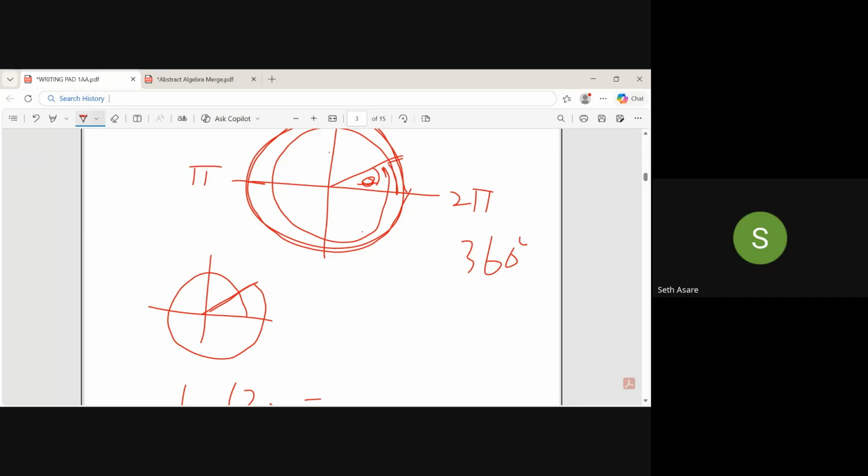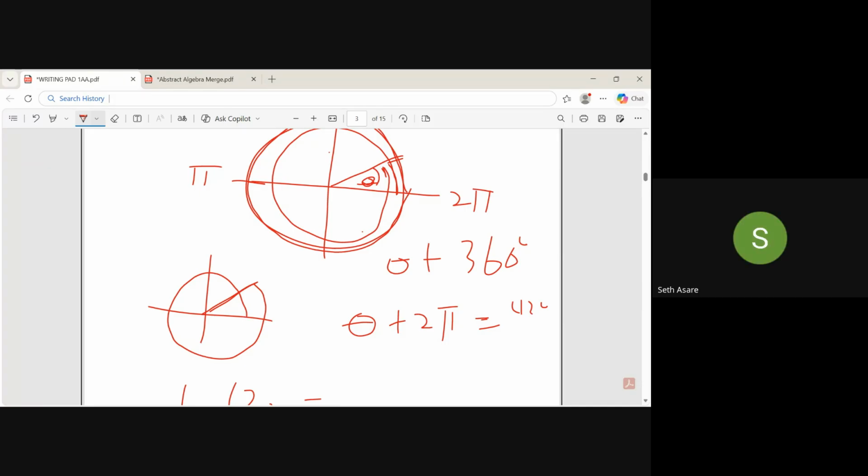So it will be 360 plus what? Theta. So I am using this one, which is the same as 360 plus theta. What are you going to get? 420. What is sine 420? So the same as sine 60.